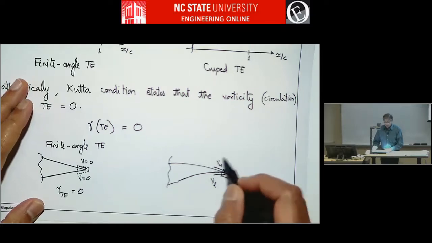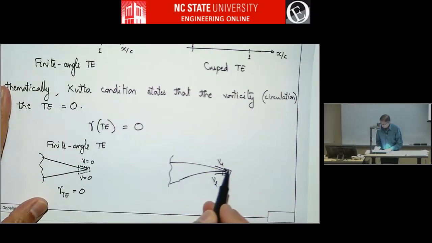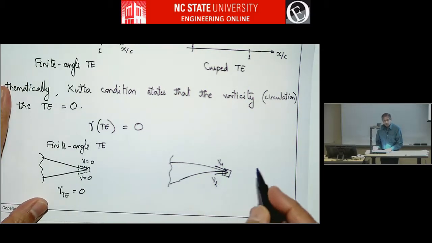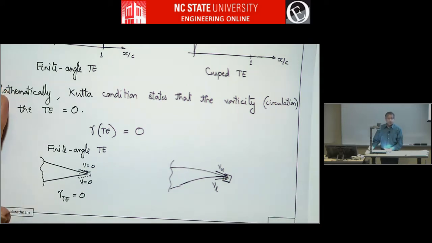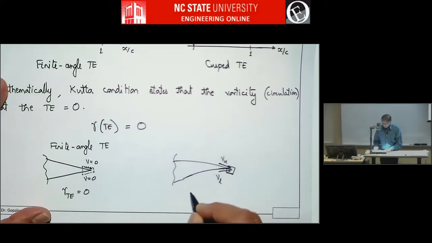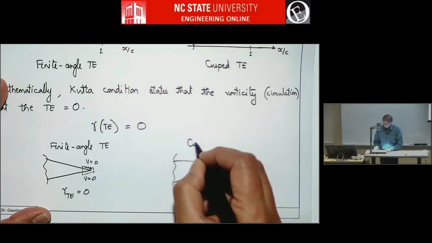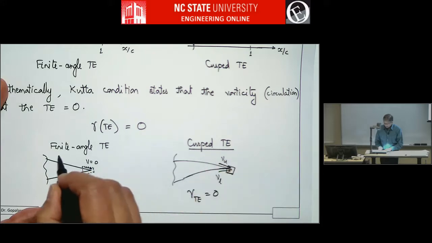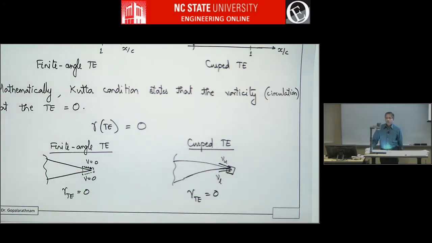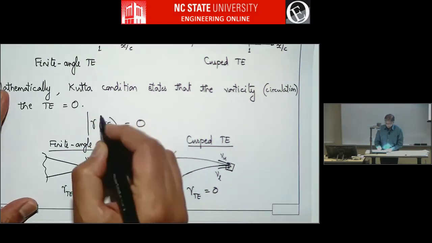So if you take a line integral, going this way, this will be positive, and going this way, it will be exactly the opposite because it will be negative. So the circulation will become 0. So this is still correct. So gamma at the trailing edge will be 0 for both a finite angle trailing edge and a cusp trailing edge. So mathematically, this is the Kutta condition.